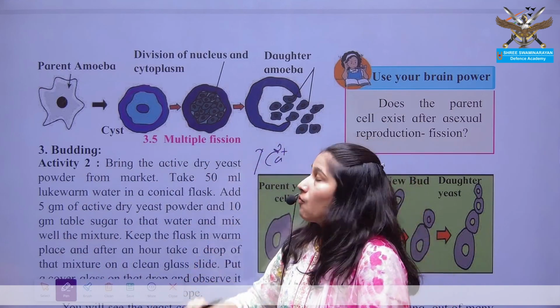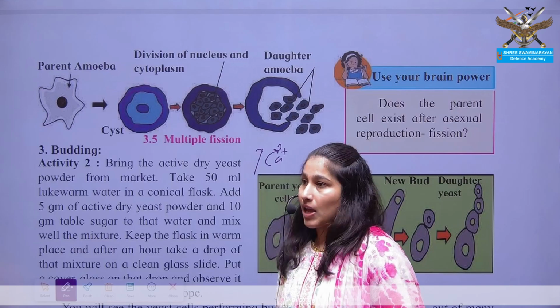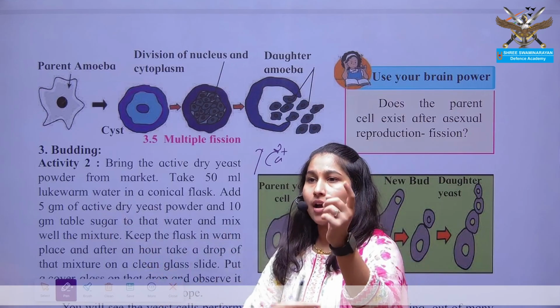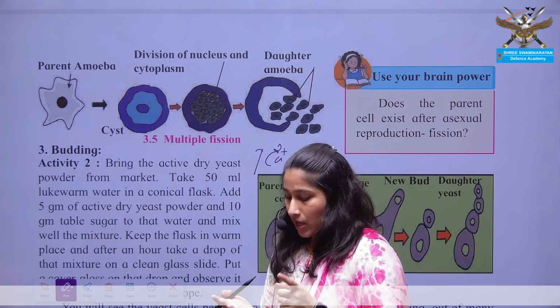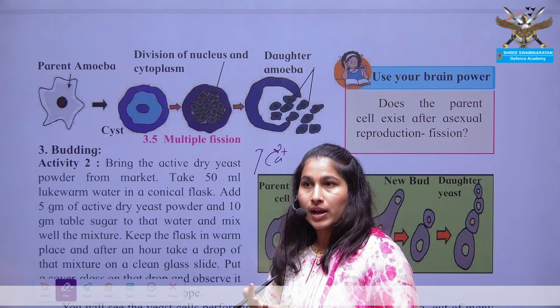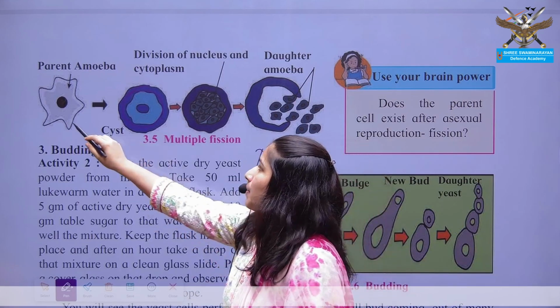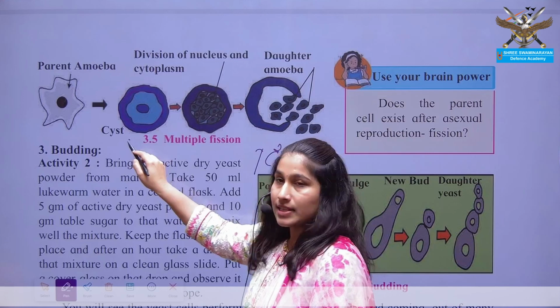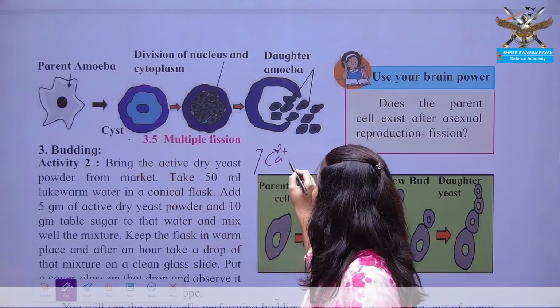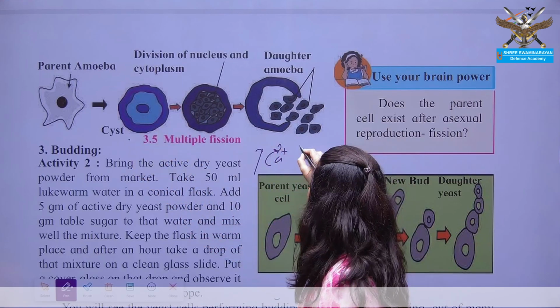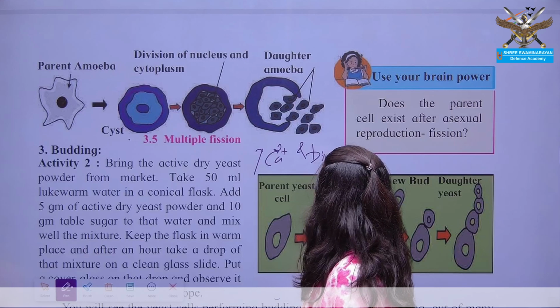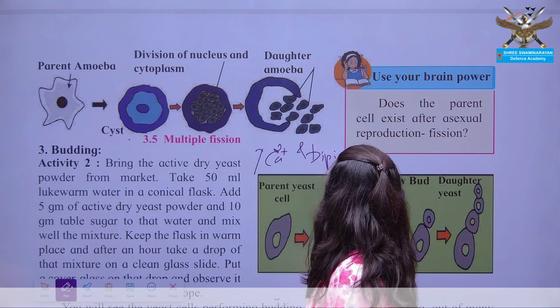So now what happens when the cyst is there? As there is no ample amount of food, and environmental conditions are also not good, in such condition amoeba converts into cyst form. The cyst is the outer covering which has a high amount of calcium and dipicolinic acid in it.